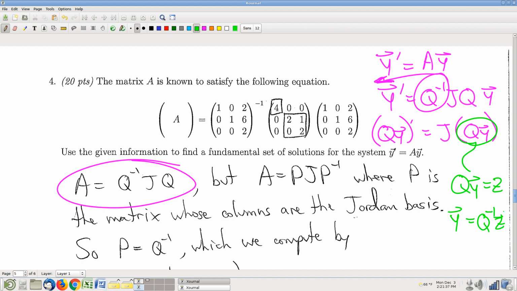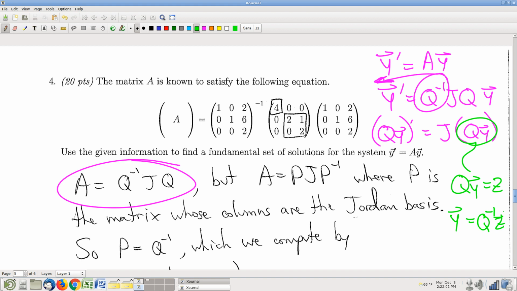You can leave it in this form, but unavoidably, you're still going to have to invert that matrix to recover the actual Y's you're interested in from your Z's. Does everybody see how that works? This is just an alternative, morally equivalent point of view, in case you might prefer it.